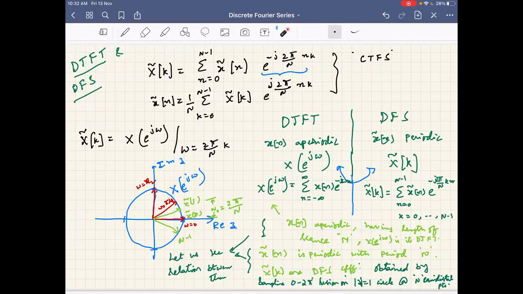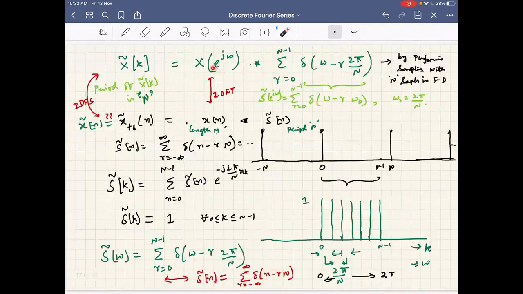We have seen that in the general case, the origin for X of e power j omega may be different. So we have seen X of e power j omega coming purely from x of n. And how do you get samples of it? By sampling, or multiplying with a delta train in frequency domain. That's what we have written here. The question we posed is, are these two equal? This has come from x of n, whereas this might have come from x tilde of n. So the origin for both of them is different.